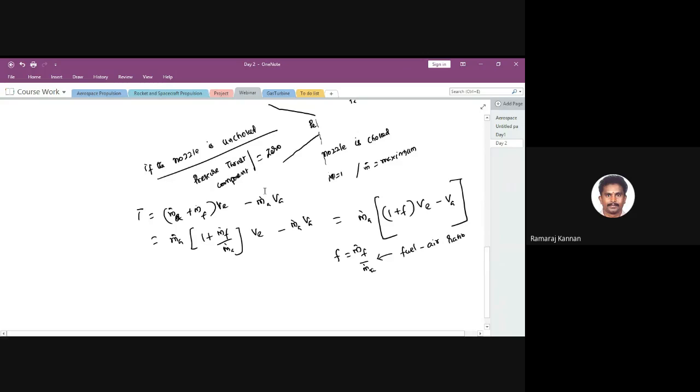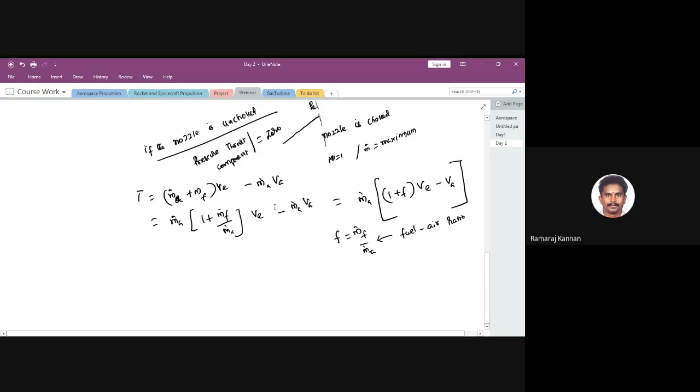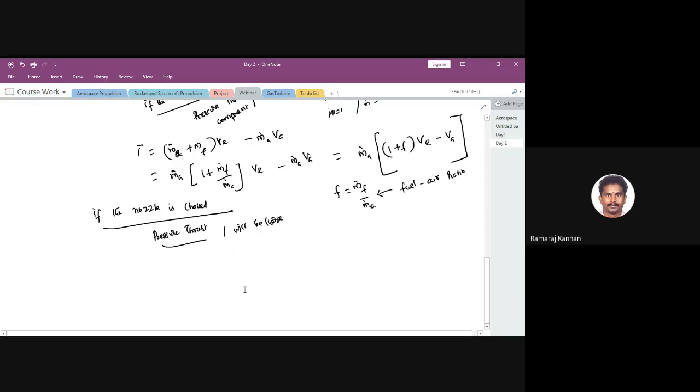Okay, if the nozzle is choked, then the pressure thrust will be there. Here there are three types of pressure thrust situations.